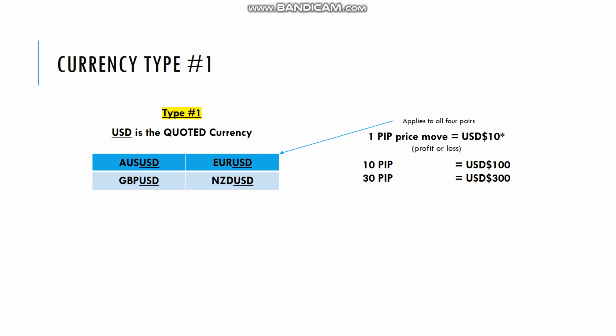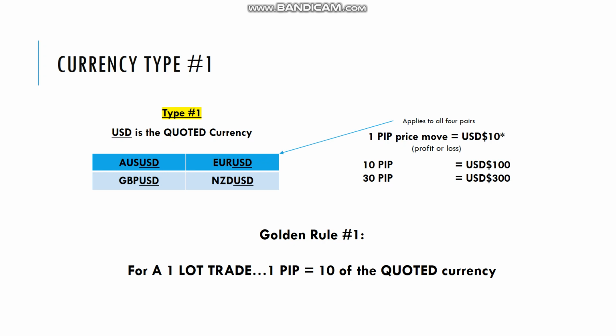From this slide, we introduce a golden rule, which means you should commit it to memory. Here goes. For a one lot trade, 1 pip is equal to 10 of the quoted currency. Hence, for all pairs where the US dollar is the quoted currency, a 1 pip move always equals a $10 gain or loss.